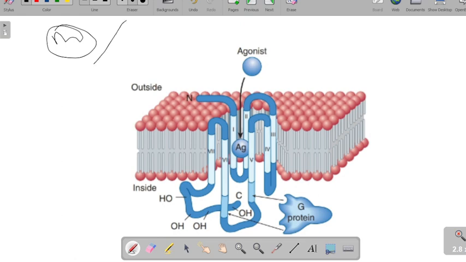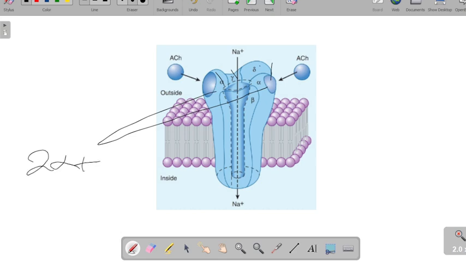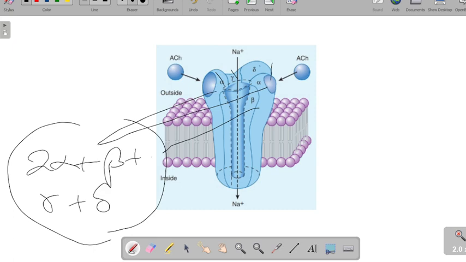It's also known as a serpentine receptor because of its 7 domains. This is a nicotinic receptor. It's composed of 2 alpha plus 1 beta plus a gamma plus delta subunit, right?